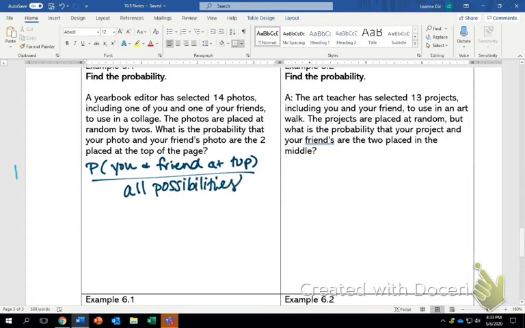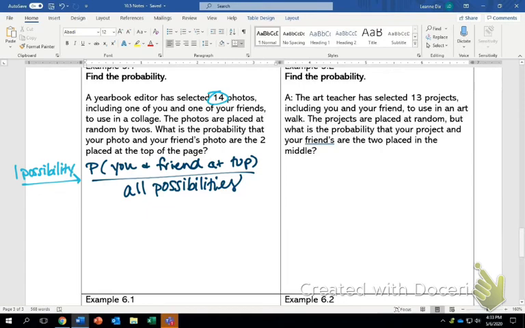Okay, so we said that there's only one possibility for our numerator. And for our denominator, notice how it says the photos are placed at random by 2s.